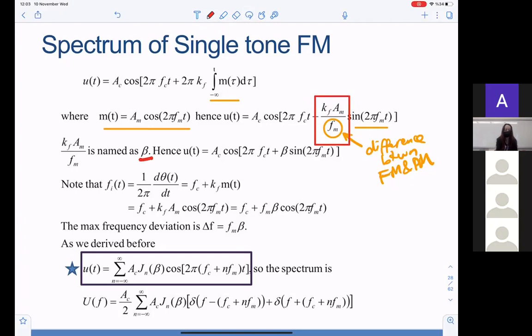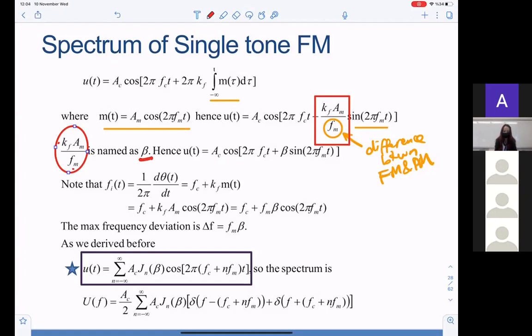FM is the frequency of the sinusoidal message in general; FM corresponds to the bandwidth of the modulating signal. And KF is something that controls how deep the modulation is. So this KF AM over FM is going to be important to us in the analysis of these FM waveforms.